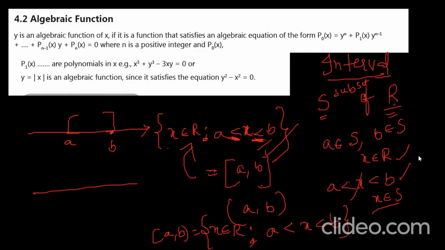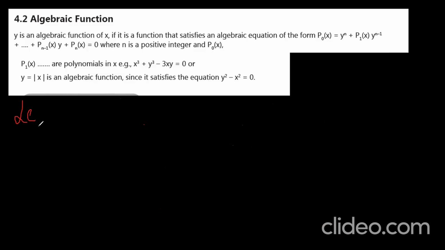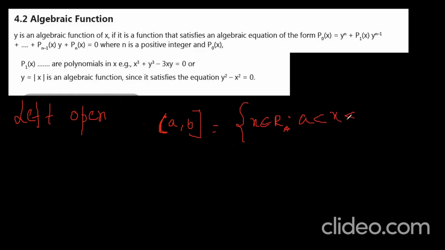Let us go to the next: left open, right closed. Left open interval. Here on the left it is open and this is closed. So how do you write this? X belongs to R, such that A less than X less than or equal to B. It may be equal to B also, which represents the closed bracket.